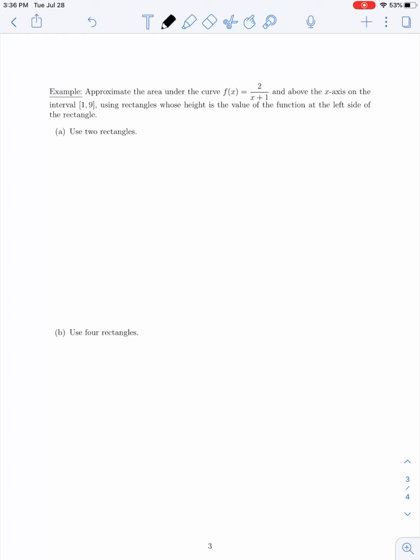We have first, for the graph of our function, something like the following. So if x is 0, our y value is 2. And then as x becomes larger, 2 over x plus 1 starts to decay towards 0. It looks something like this, just a rough sketch.